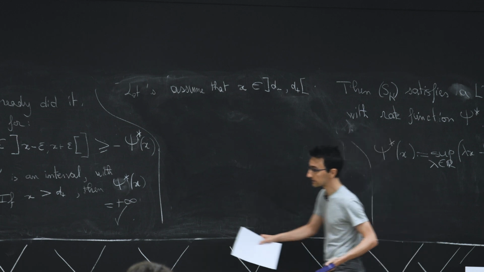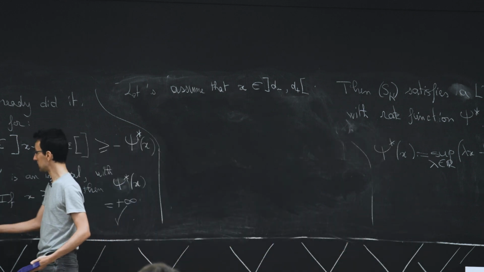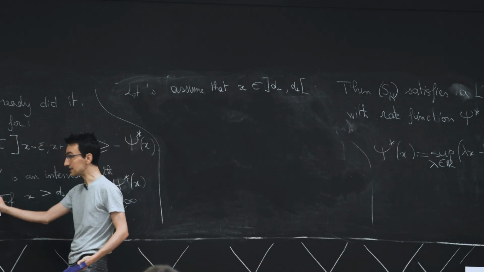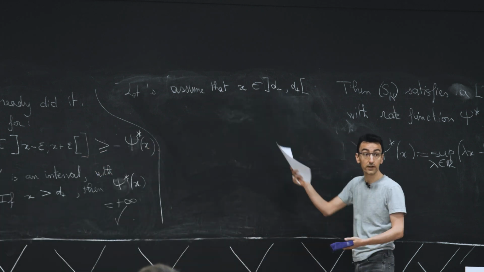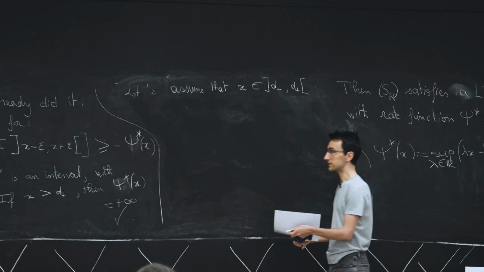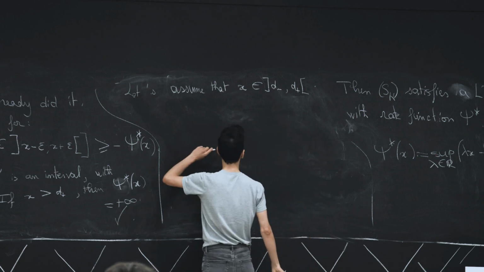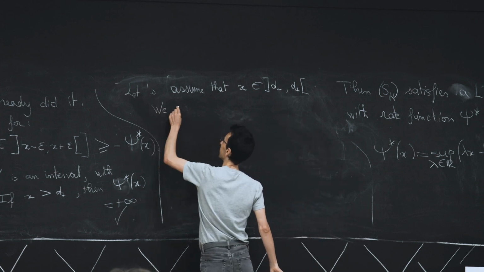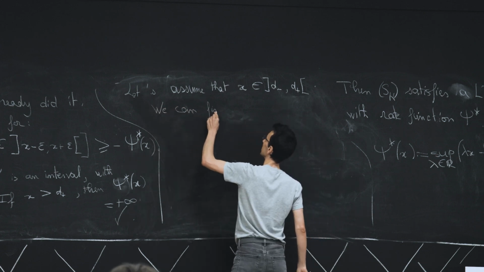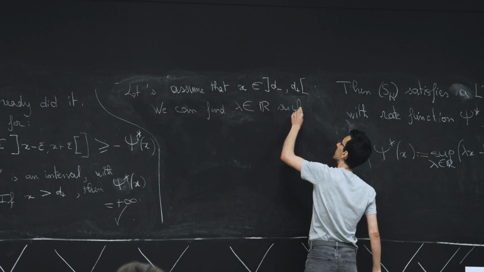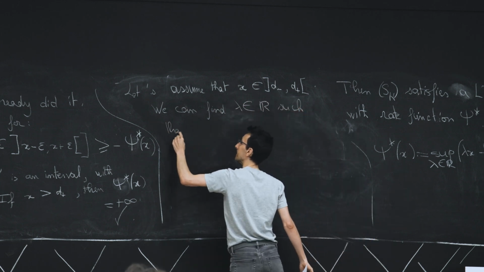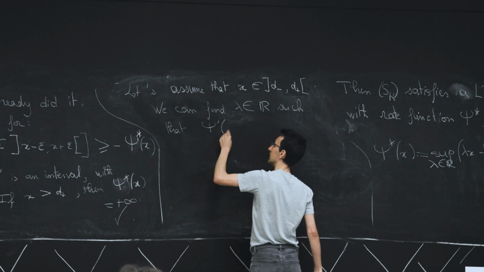These are the endpoints of the interval which represents the image of psi prime. So in particular, whenever x is like this, I can find lambda such that psi prime of lambda equals x.